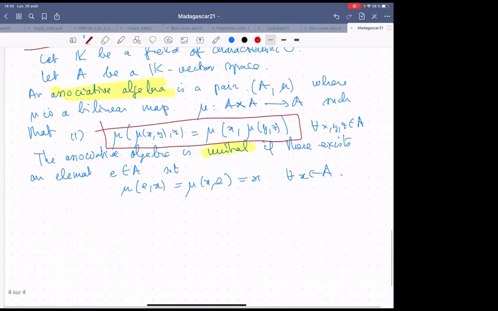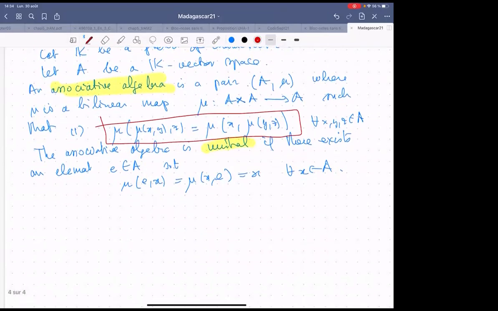Now, we can generalize this definition if we have a commutative ring in general.